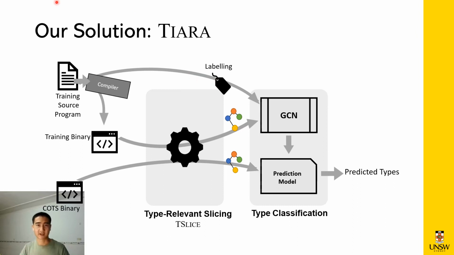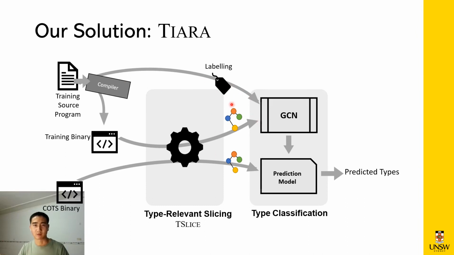The binary executable will go through type-relevant slicing. We call it T-slice, and this would generate a sliced control flow graph. And the debugging information is used as the ground truth label of types.